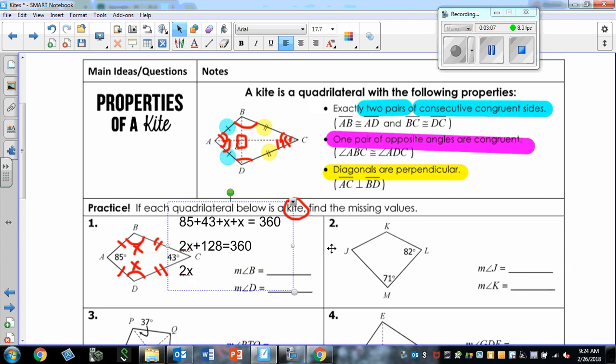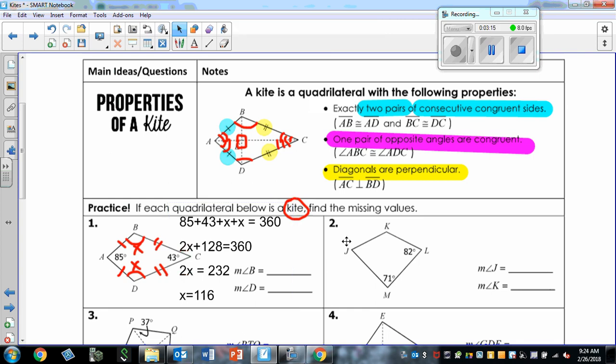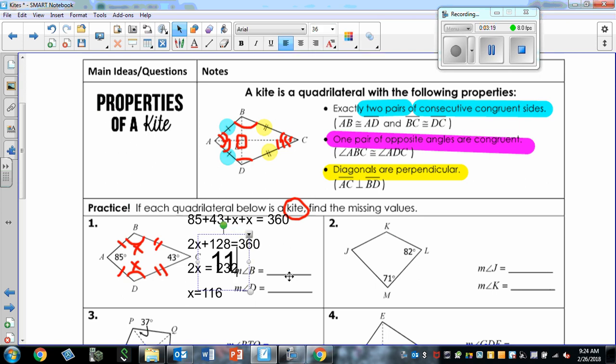So 2X is equal to 232. And finally, divide: X equals 116. Since angle B and angle D are both represented by X, they both equal 116 degrees. Okay, so B is 116, D is also 116.